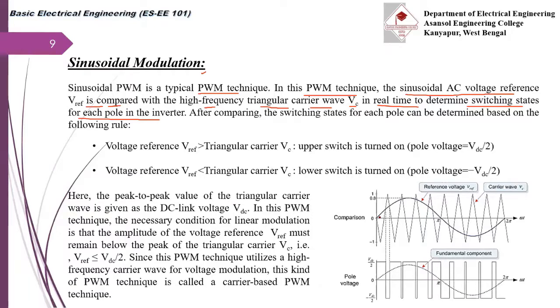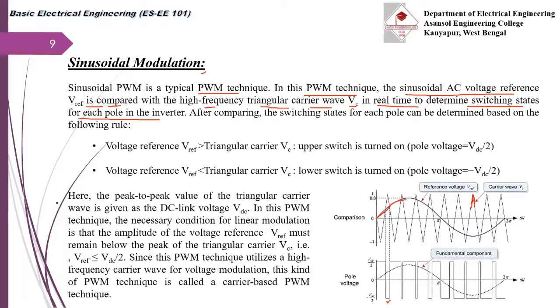Here, this sinusoidal waveform is your reference waveform, and this triangular waveform is your carrier wave. Now, according to this, when the reference voltage is cutting the carrier wave, at that time the voltage changes.